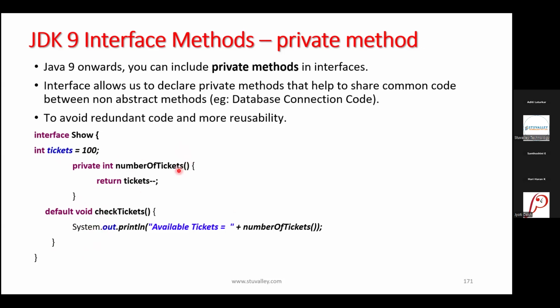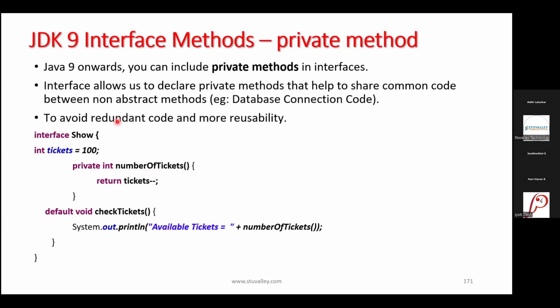But yes, if you want to keep it safe, if you don't want to give access to other members or other implementation classes, or when you want to hide implementations, then you can write that method. Because we are using a private member, we are providing security to this particular method. So when you want to hide it, you can define that method as private and you can use a default method directly to call that method.